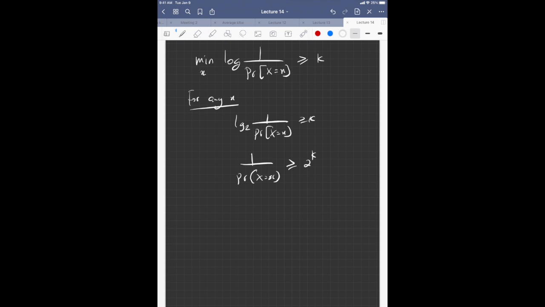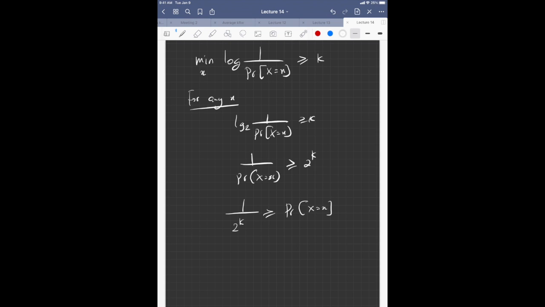So this is equivalent to saying 1 over 2 to the k is an upper bound on the probability that x equals x, for any x. If x was a uniform distribution on 2 to the k things, the probability would be 1 over 2 to the k. Min entropy being k doesn't tell you that all of them are 1 over 2 to the k, but it says that any point in the support of this distribution does not have too high a probability.